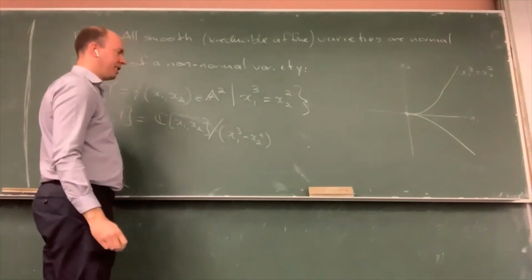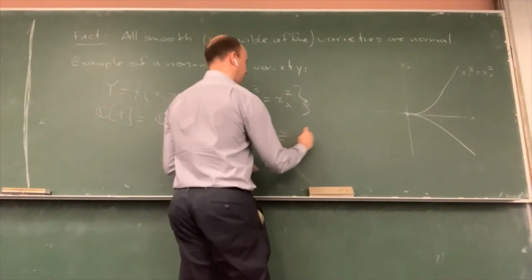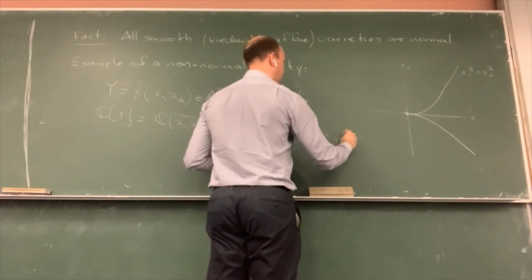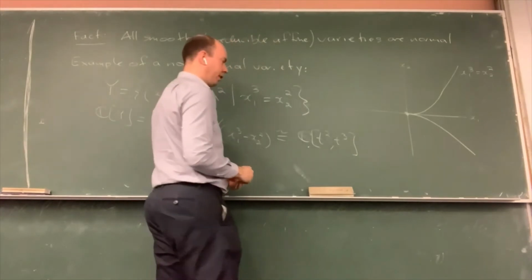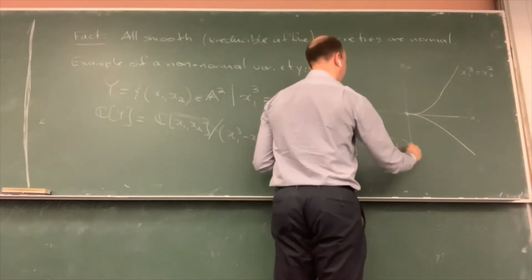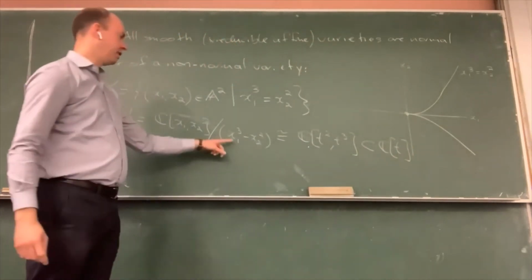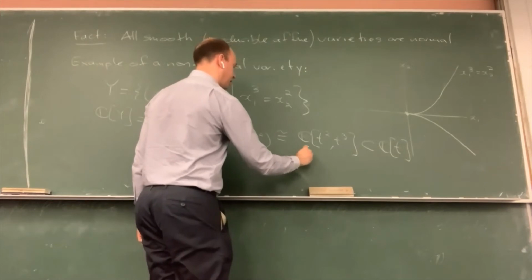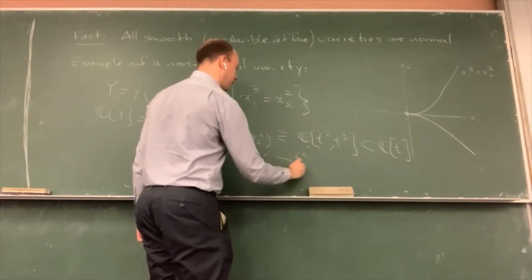And it's easy to see that that's isomorphic to the subalgebra of the polynomial ring in one variable generated by the square and the cube of that variable, where you send x1 to t squared and x2 to t cubed.